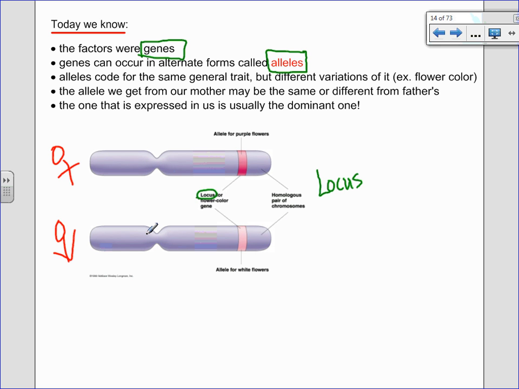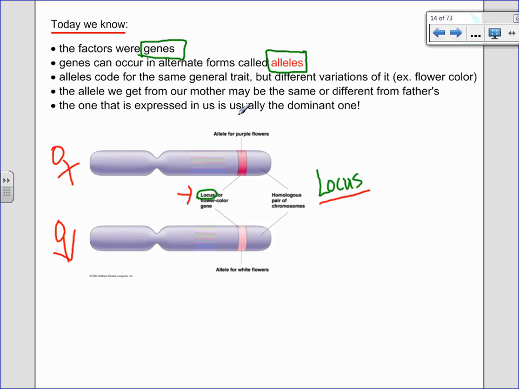So mother and father chromosomes. Any gene along the chromosome has a specific location. And locus, this word here is probably too small on your sheet, but locus means location. So every gene has a specific locus along the chromosome.